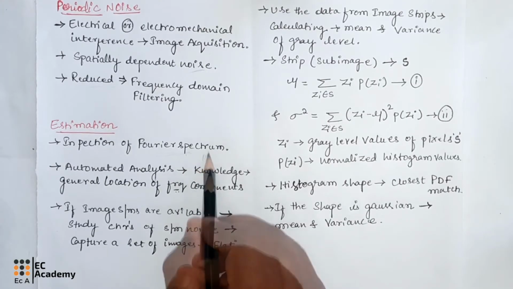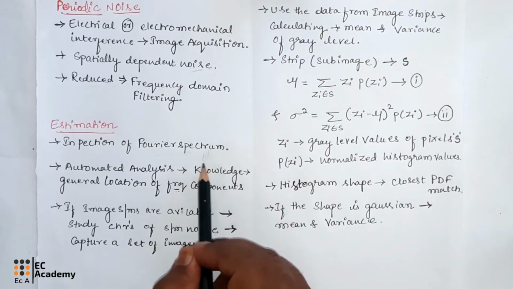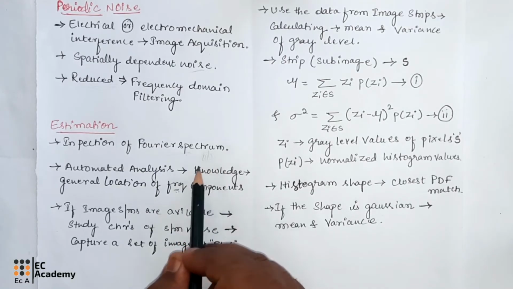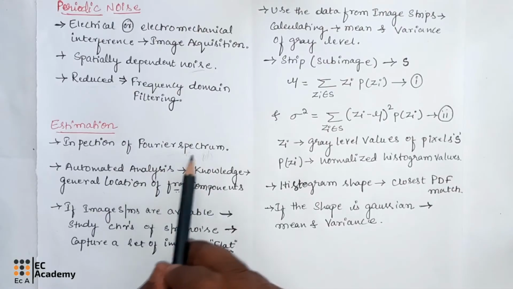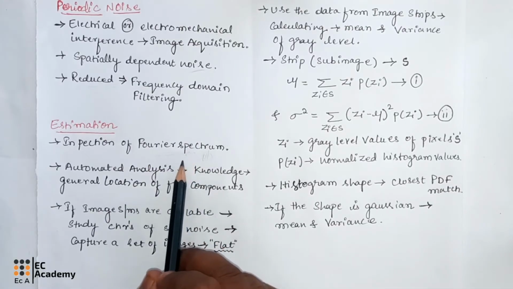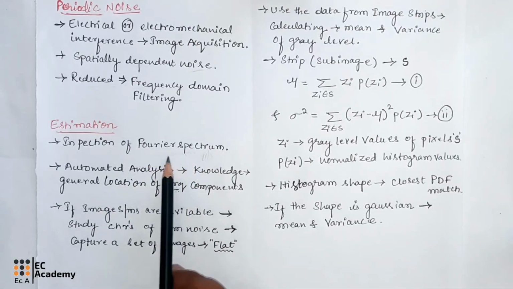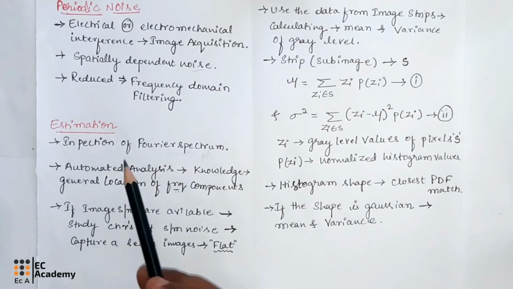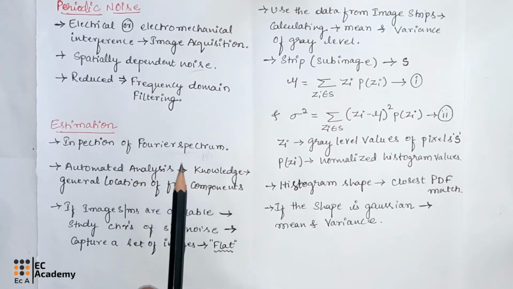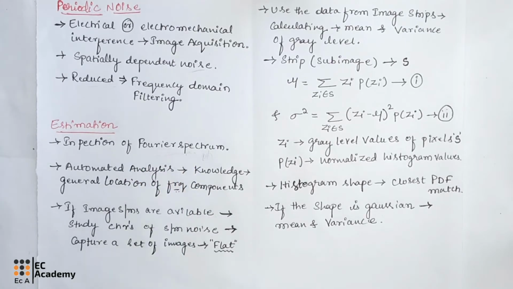Those frequency spikes can be detected even by visual analysis once we perform the Fourier analysis of the image. So, using the Fourier spectrum, we can easily identify the noise parameters for the periodic noise.